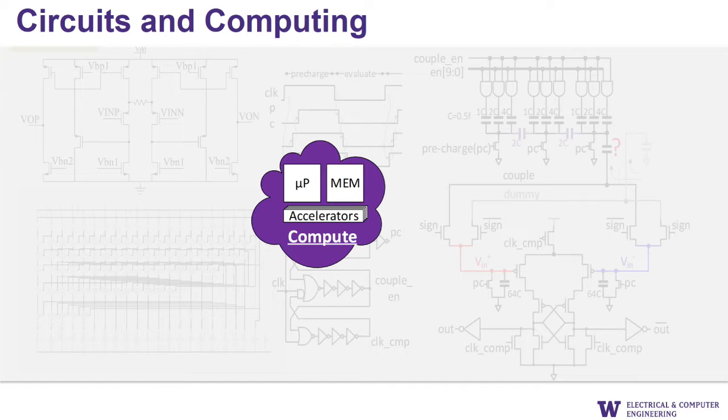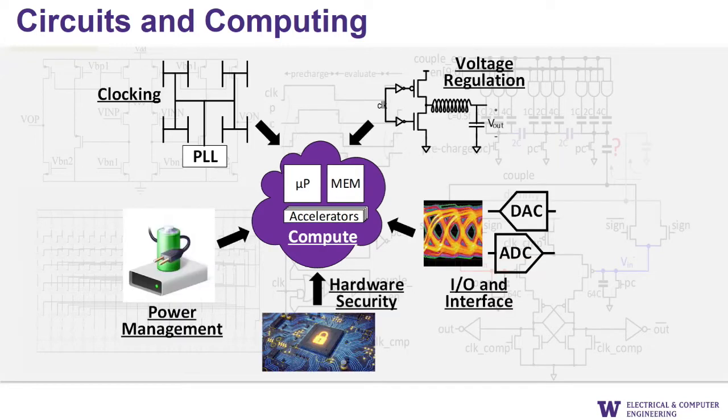Now, of course, circuit intensity goes beyond just trying to build and optimize core compute functions. We also employ circuit design in order to implement a large number of supporting subsystems that are very much a part of modern computing today. This is just a limited set of examples that are in many ways just topical, so I've listed them. There are many, many more. For example, you'll have ADCs and DACs, allowing a compute system to interface with the real world.